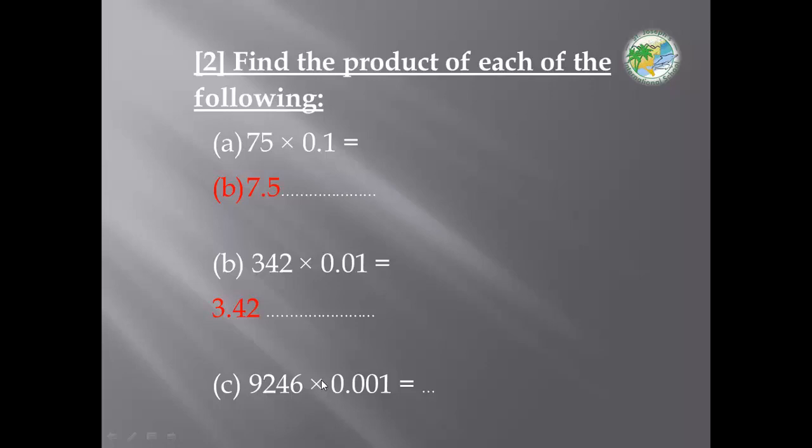It will be 9.246. What do you observe? We can move the decimal point for these questions. We move the decimal point 1 digit for this number, 2 digits for this, and 3 digits for this.